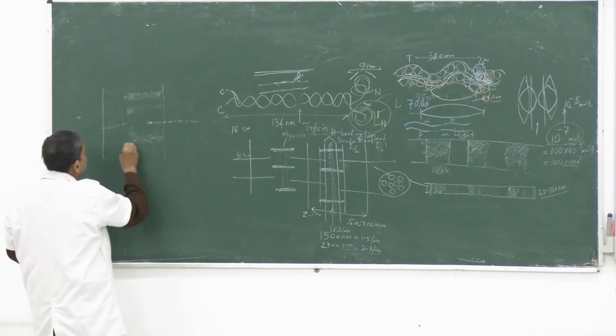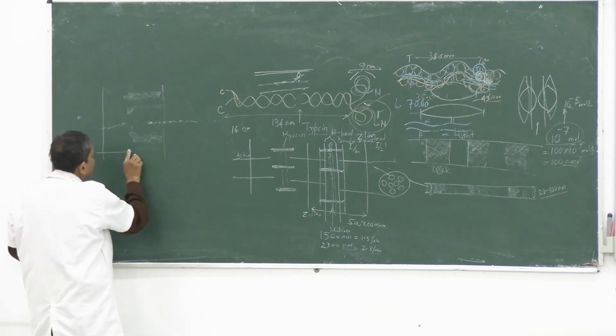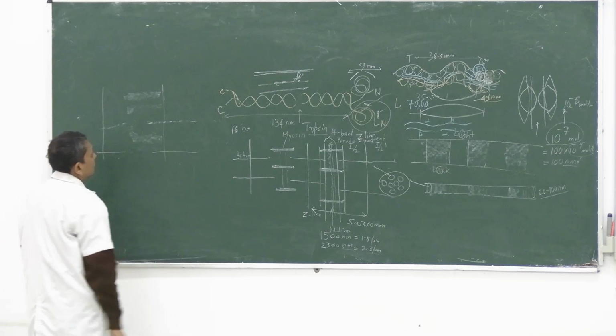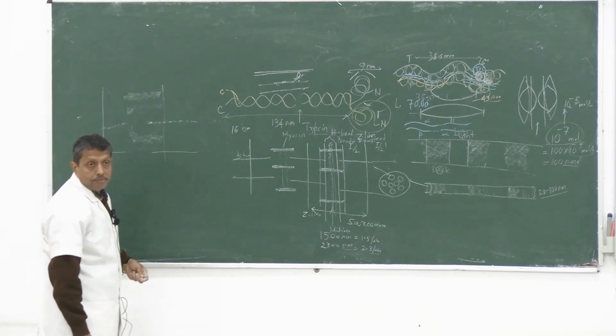It is the thick filament and it is the thin filament, even in the relaxed muscle. And they are all in register.